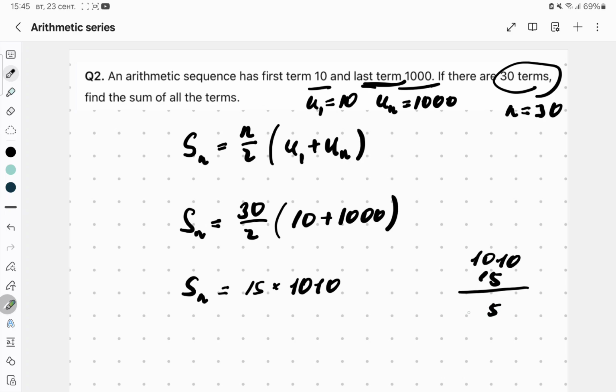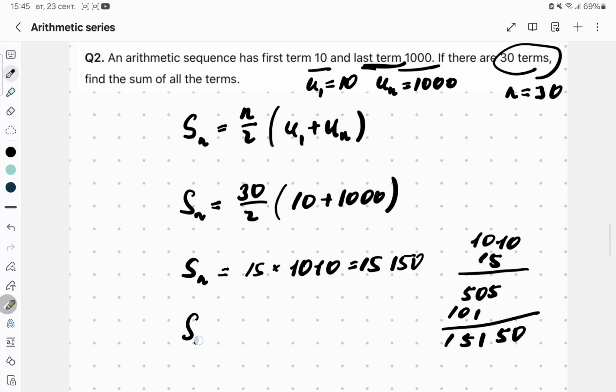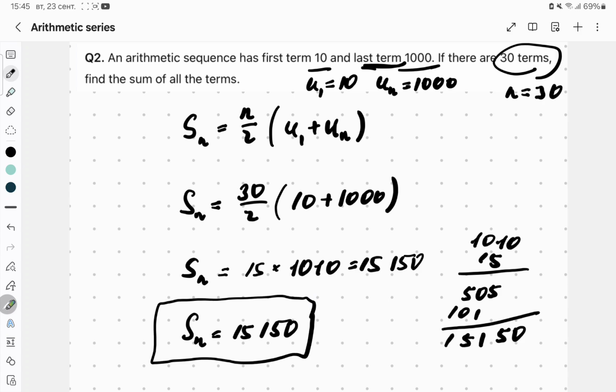So 5 0 5, and here, yeah, I will use a very traditional style of calculation. So it is 15,150. This is a final answer. Sn is equal to 15,150. This is the final answer for this question.